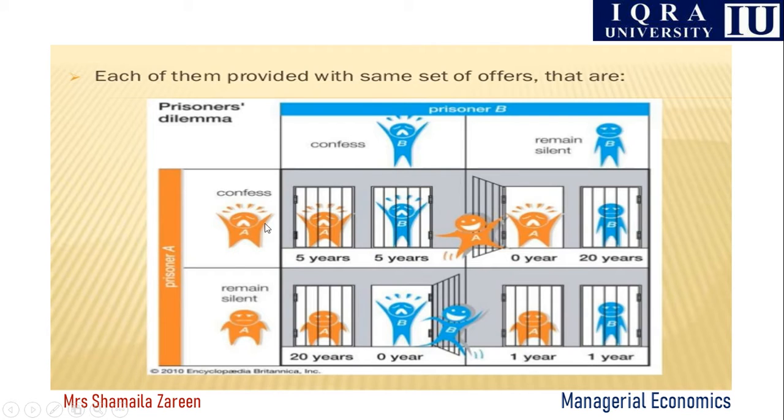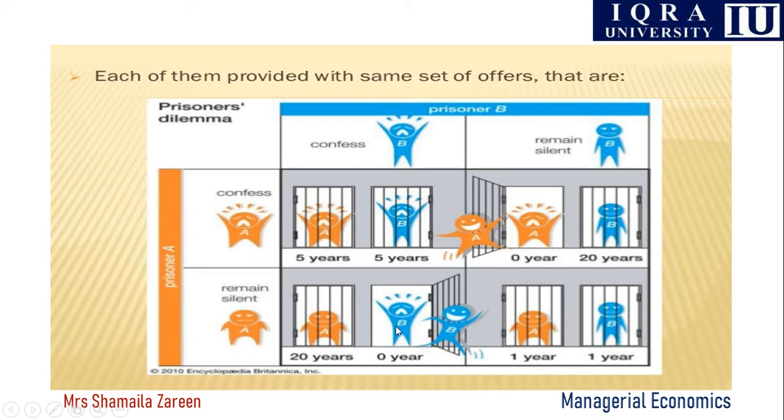Now we will see what will be the strategy for prisoner A. If prisoner B will confess, prisoner A has two options, whether to confess or to remain silent. He will also confess. If prisoner B will remain silent, the best option he has is also to confess again.